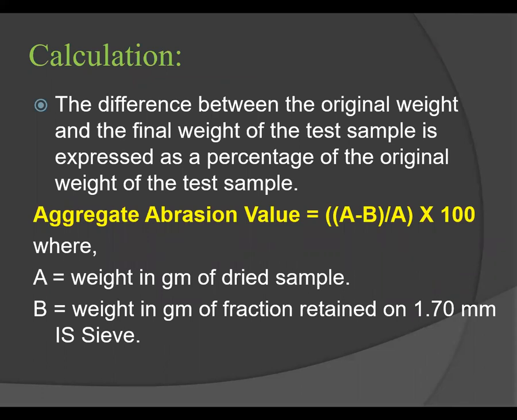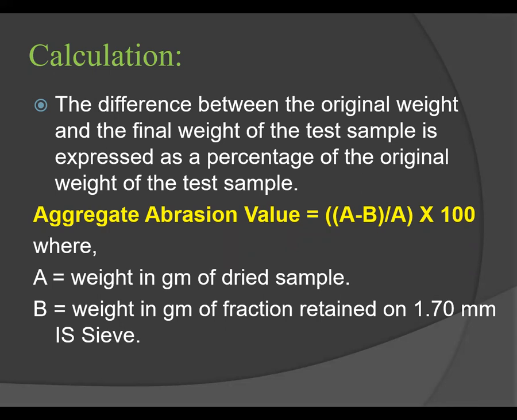Next, let's see the calculation to determine the abrasion value. Take the difference between the original weight and the final weight of the test sample, expressed as a percentage of the original weight of the test sample.